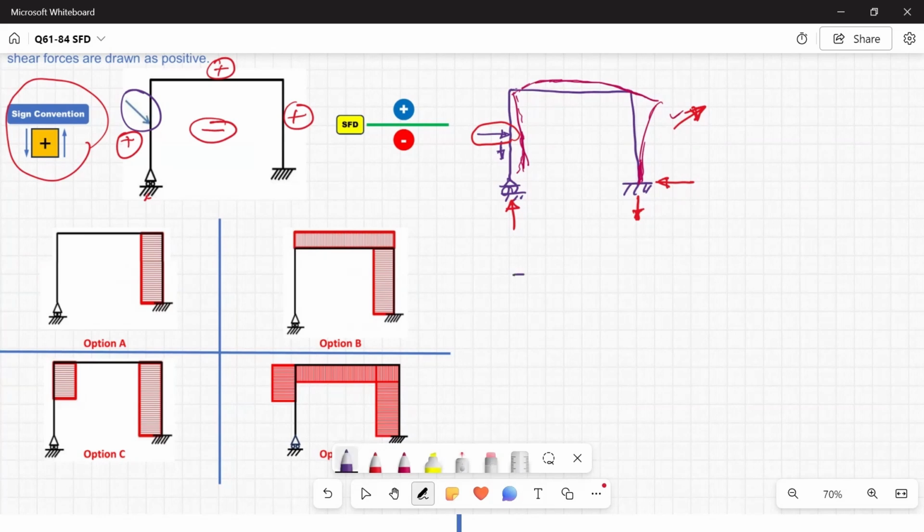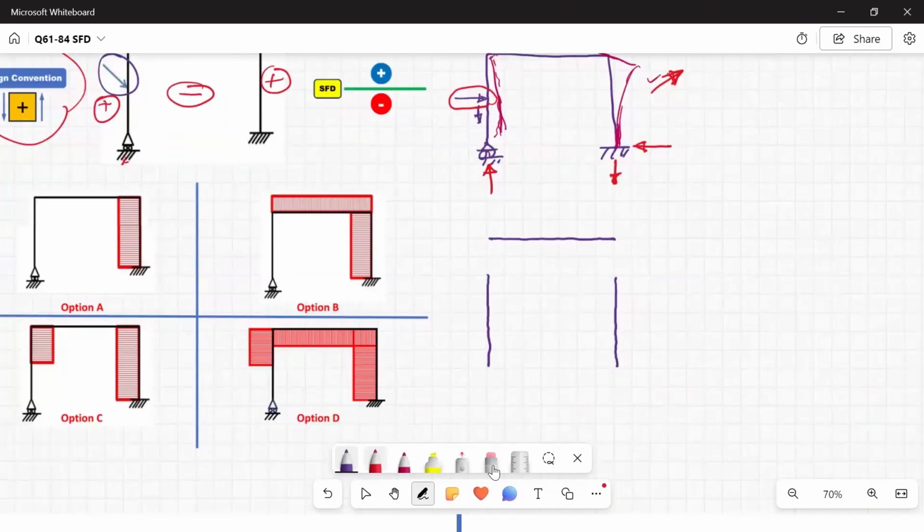In the free body diagram, we have a beam and 2 columns, and here we have to see forces. There is one force over here which is rightwards, and a component of force is downwards as well. We have a reaction over here, and this reaction will be drawn as upwards on the beam, and we have a downward reaction on the right side.